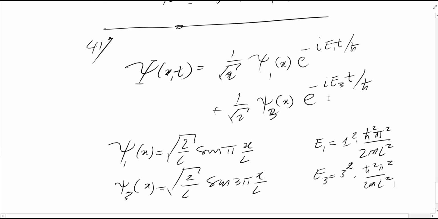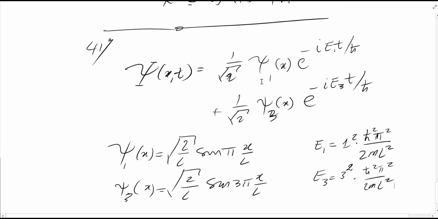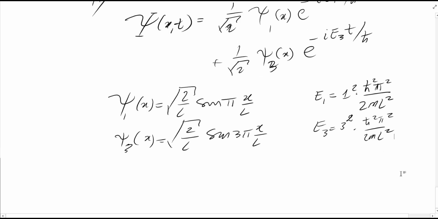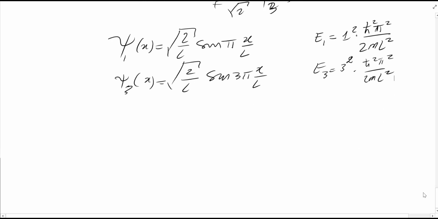Okay, so we have everything for this particle now. We have its wave function, a combination of these two stationary states, and the energies of these levels. Find the value of the probability distribution function at x equals L over 2.